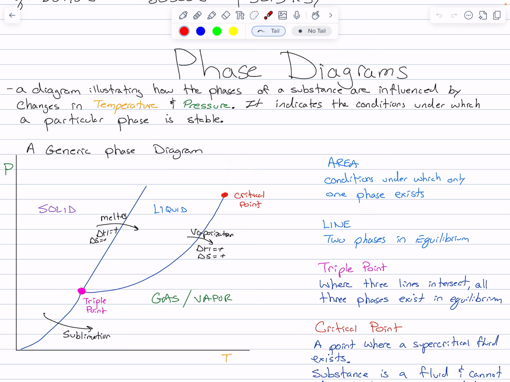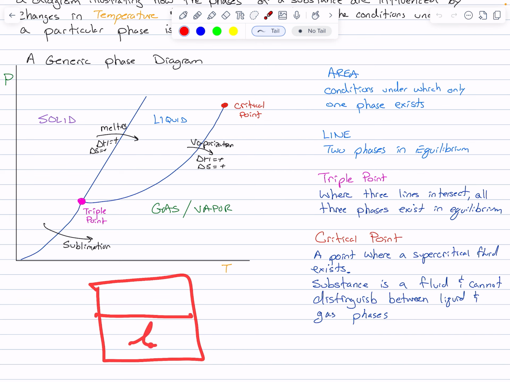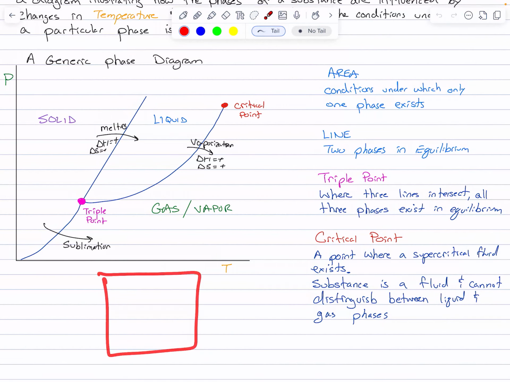What is a supercritical fluid? This is where, if you had a window into a big tank, you'd see a line, and this would be the liquid, this would be the gas. A supercritical fluid all of a sudden just looks like a fluid. You can't tell the meniscus.